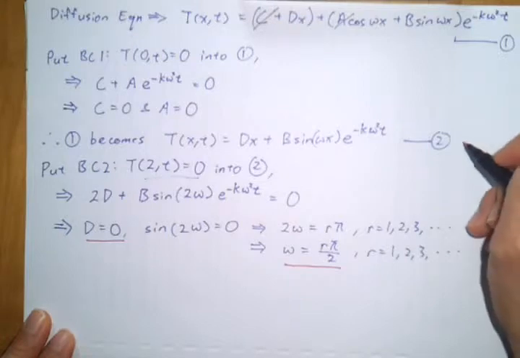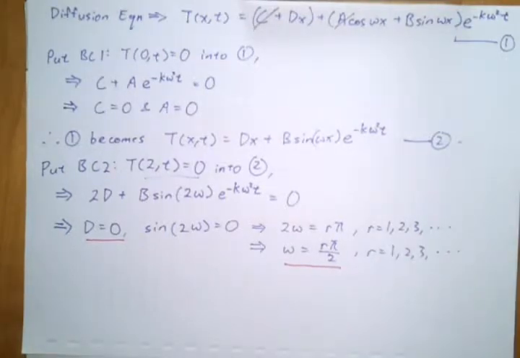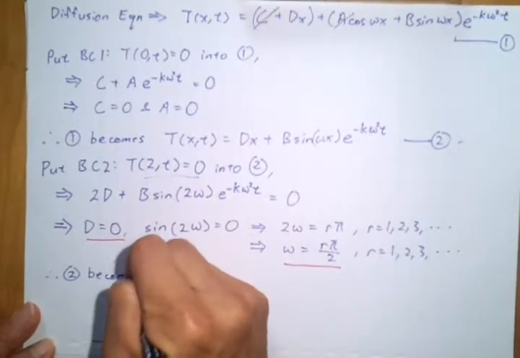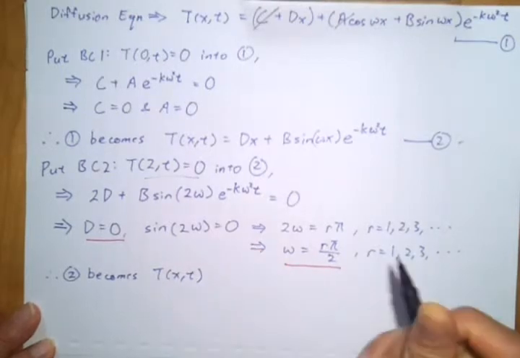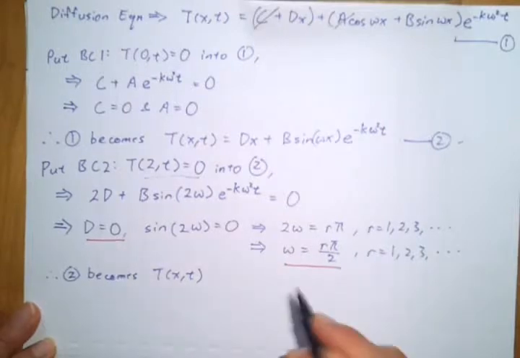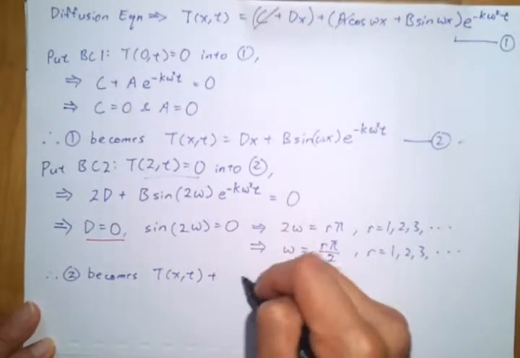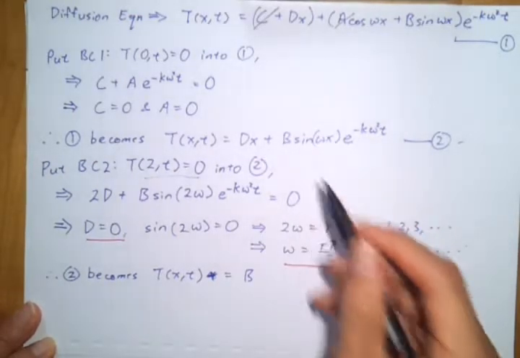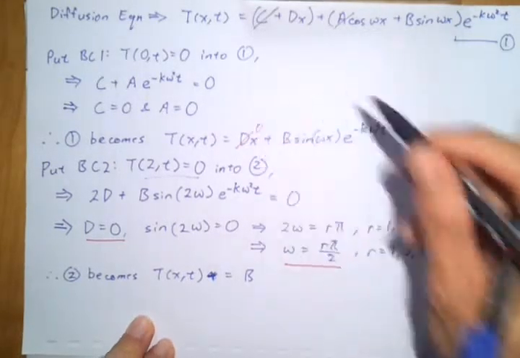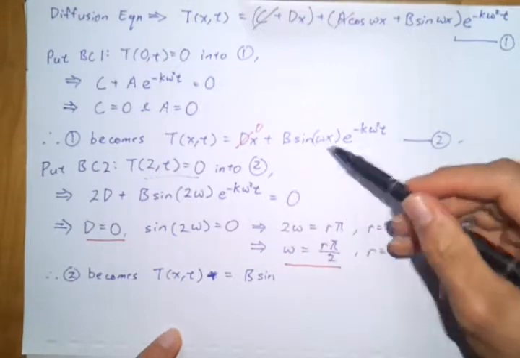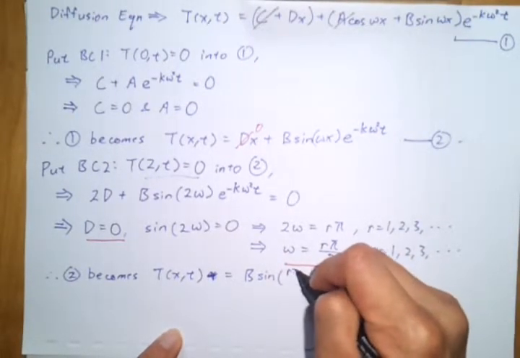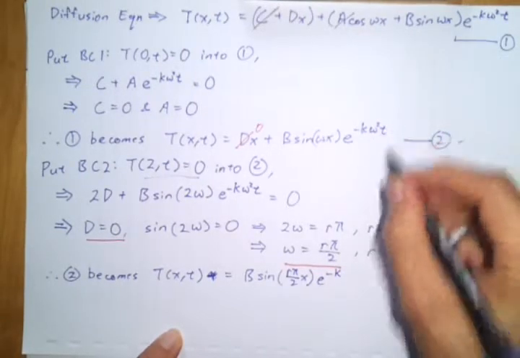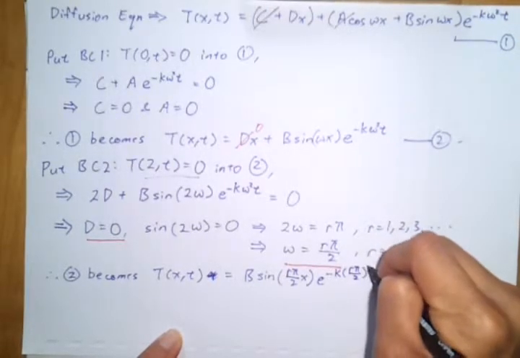into equation 2, the updated solution. So now equation 2 becomes, okay, d here is now 0, so there's no d, that d is 0, so this is b, sine of omega here, which is now r pi over 2, so you have r pi over 2 x, e to the power minus k omega squared t, where omega is again r pi over 2, squared, t.